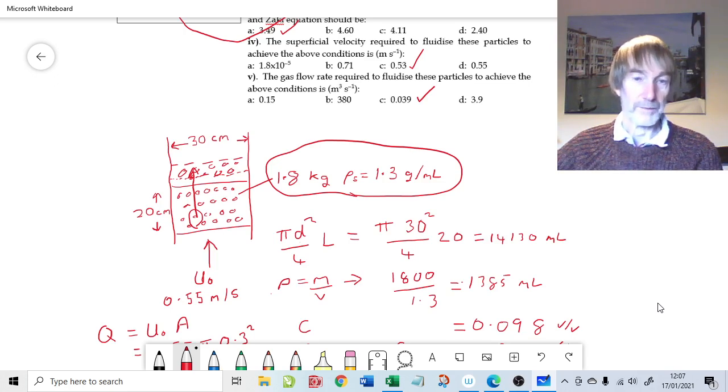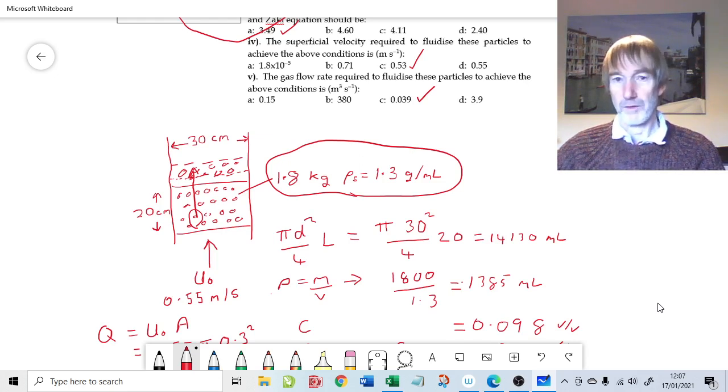It could be lower. I guess from a design point of view that probably isn't so bad, because particulate is probably going to give you the greatest bed expansion calculation, and if it does actually bubble, the bed expansion probably is going to be less. So from a design point of view, it's not quite such a bad thing to overestimate the bed height.